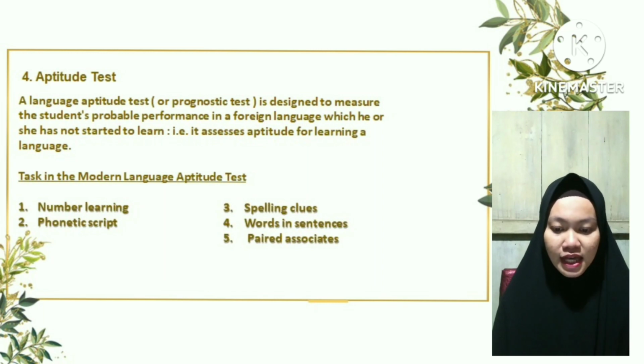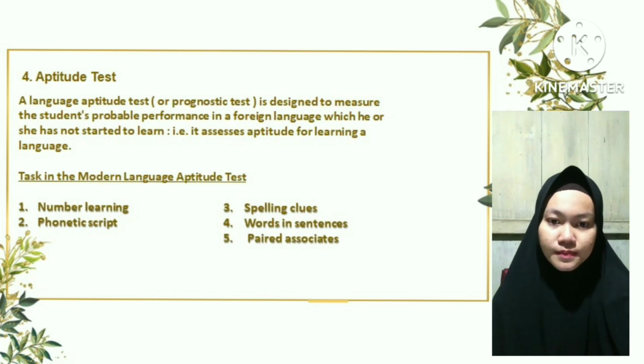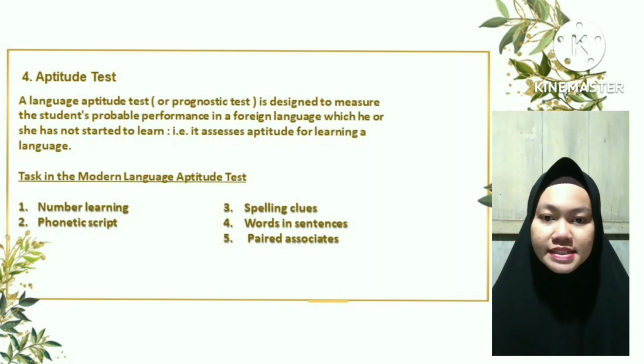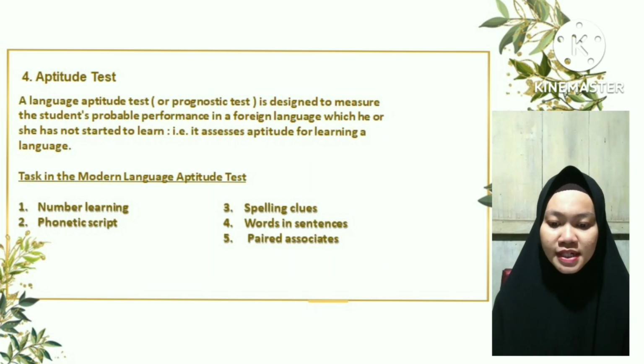Example: listening, interpreting, translating. Aptitude tests generally seek to predict the student's probable strengths and weaknesses in learning a foreign language by measuring performance in an artificial language. There are five tasks in the Modern Language Aptitude Test.